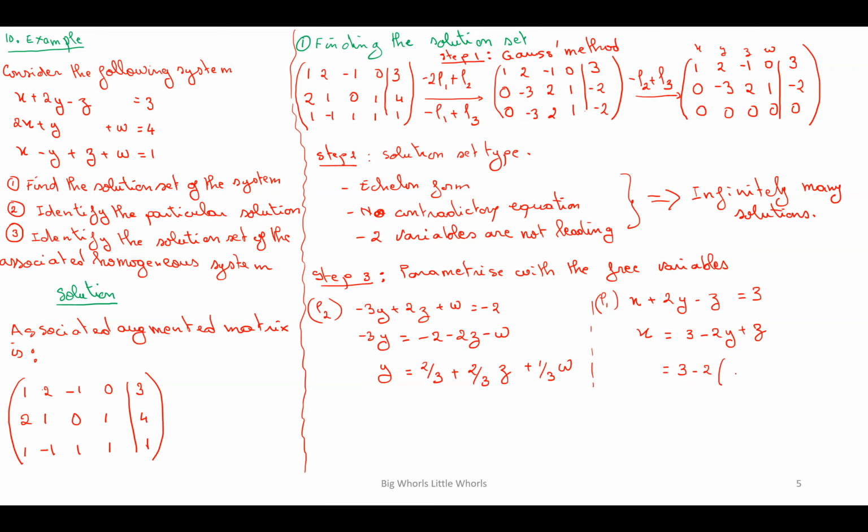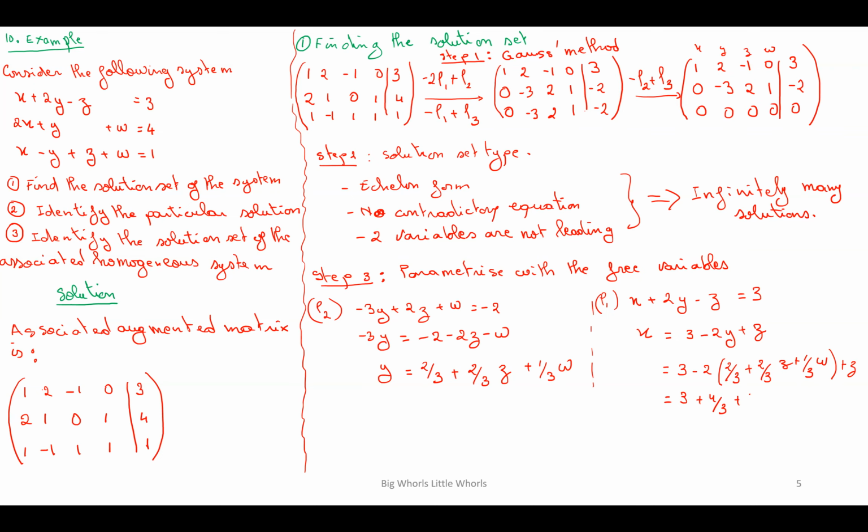So minus 2 times (2 over 3 plus 2 over 3 z plus 1 over 3 w), and then we have plus z there. Okay, I have to be careful with my 3's and z's, they kind of look the same.